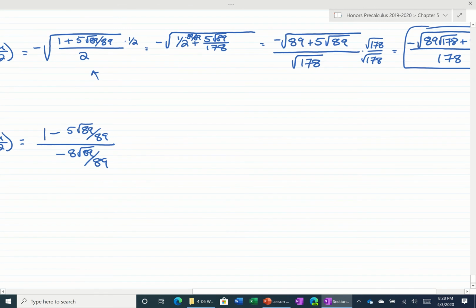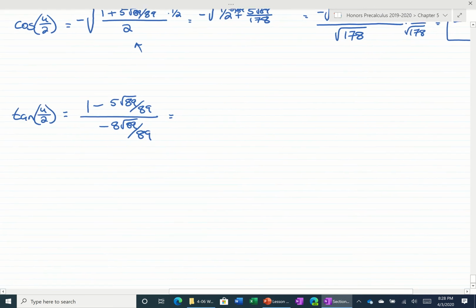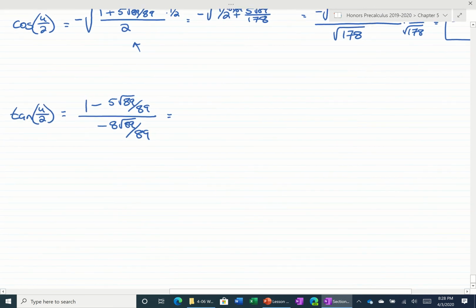And then for our last one with the tangent of u over 2, let's get a common denominator on top. So it's going to be 89 minus 5 root 89 over 89. I'm going to be multiplying by the reciprocal of negative 8 root 89 over 89.